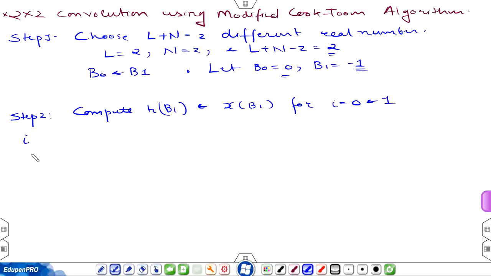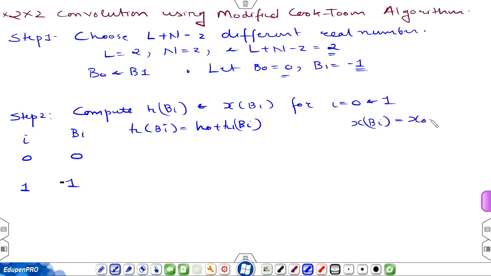So for i equal to 0 and 1, h of beta i will be h0 plus h1 beta i, and x of beta i will be equal to x0 plus x1 beta i.